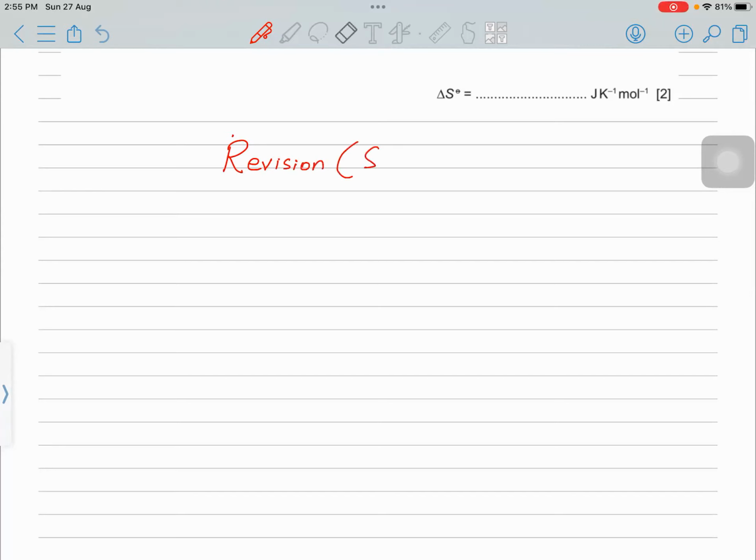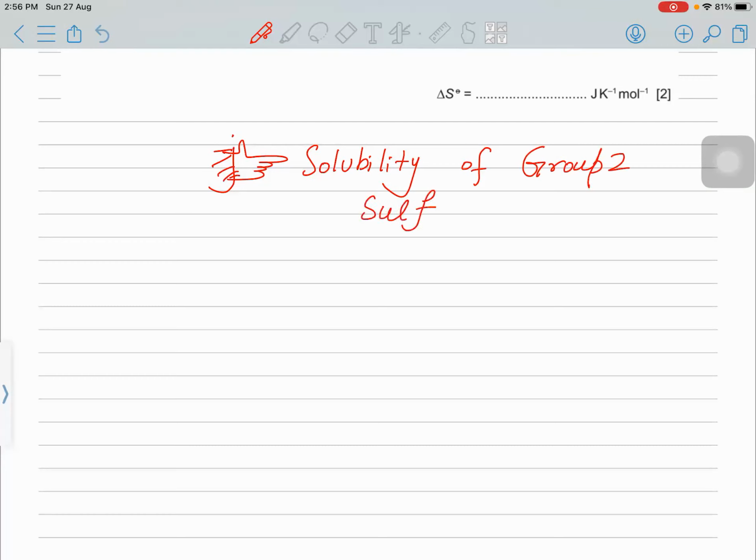Revision of solubility of group 2 sulfate.